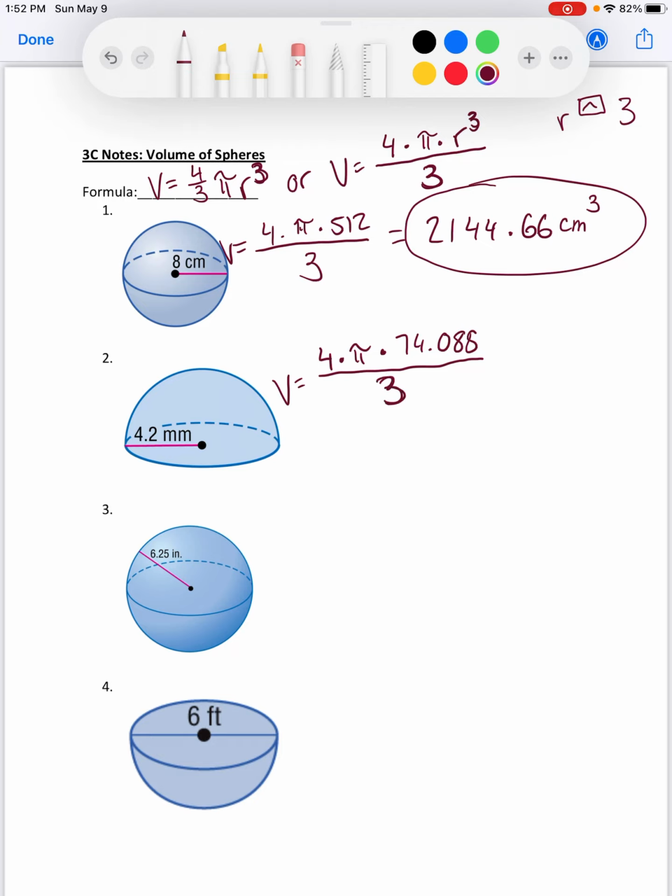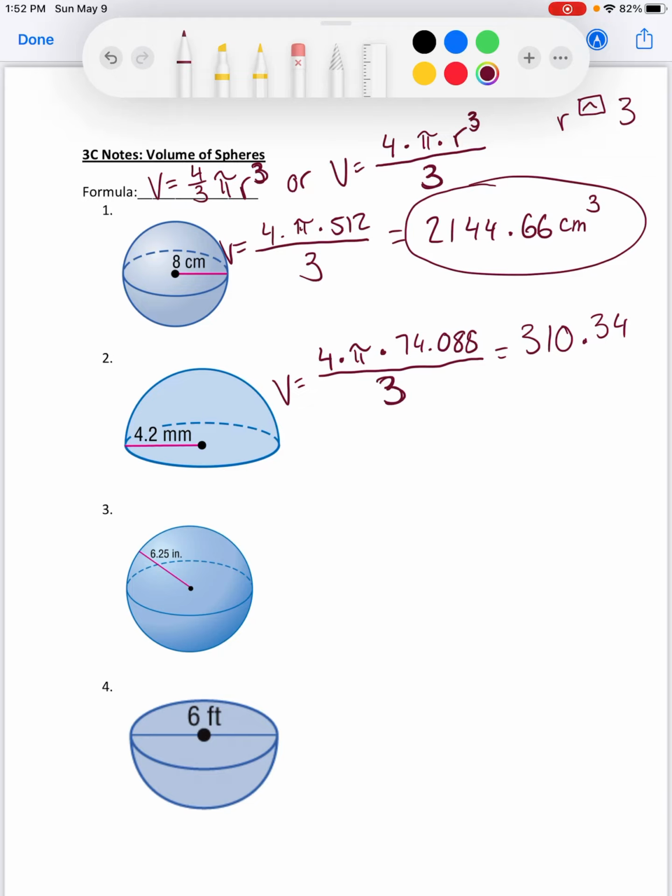So let's type that into our calculator. So times 4 pi equals, so I get 931 and change divided by 3. So the volume of this sphere would be 310.34, but we only have half the sphere.